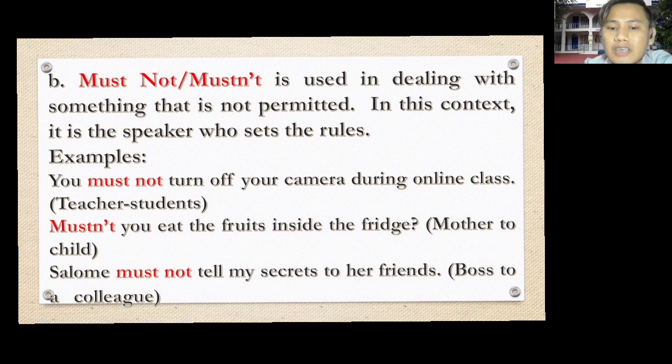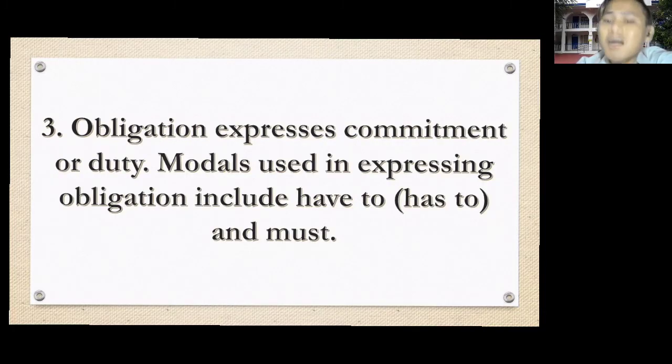If you have any question as to how we're going to make use of the two modals under prohibition, please let me know in the comment section, and then I'll try to answer all of those. Or if you want, you can also raise your questions in our GC so that we can answer it right away. Understood?